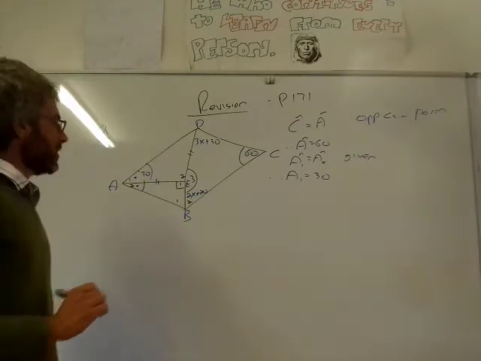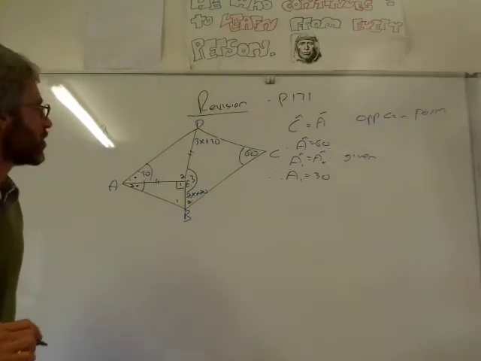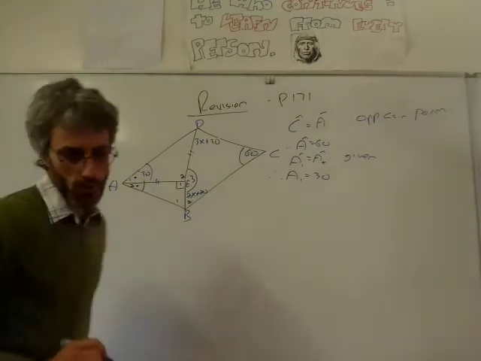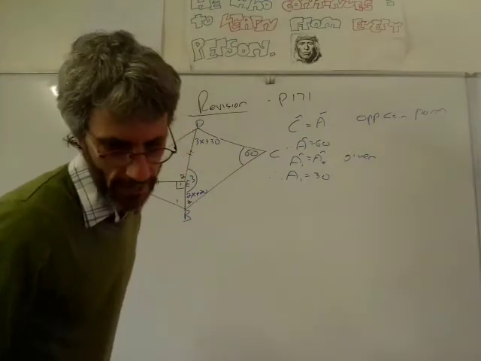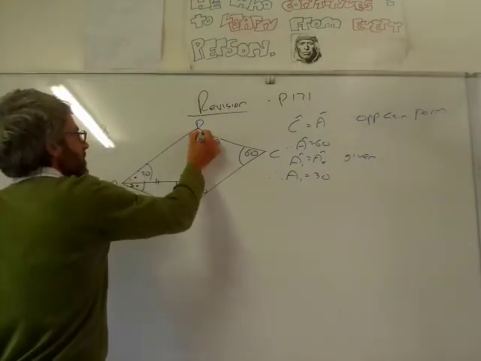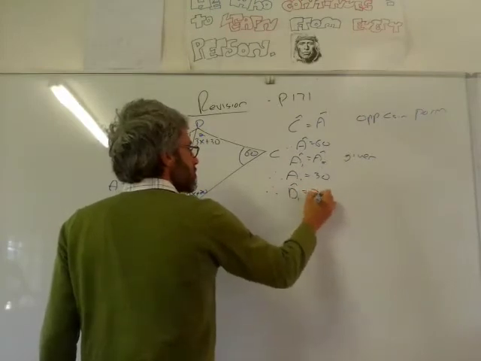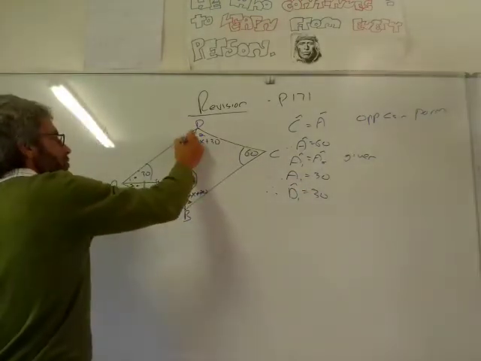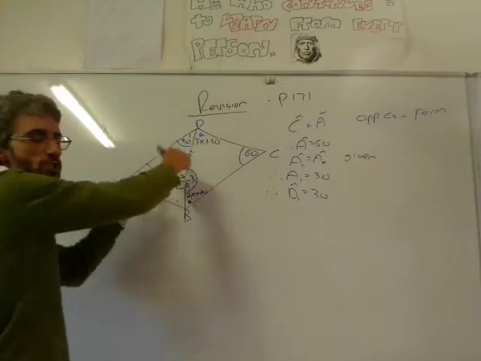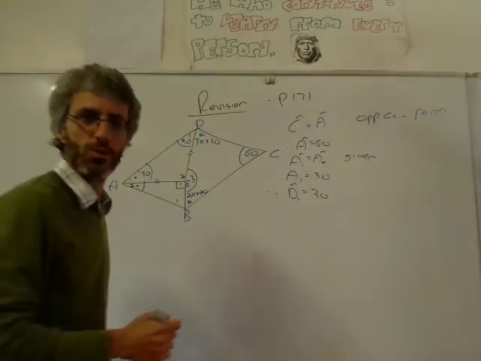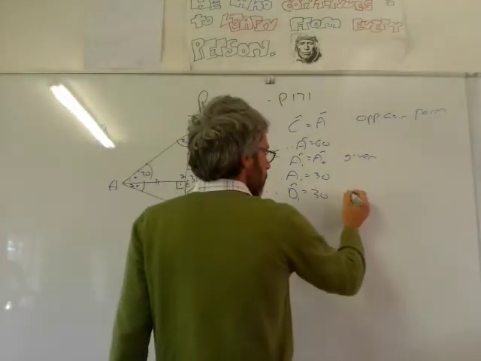Now, if A1 is 30, I can also say, okay, this one's D1, this is D2. Therefore, I know that D1 is also 30. How do I know that D1 is also 30? If I know these two sides are the same, the opposite angles will also be the same. So what did we call it?